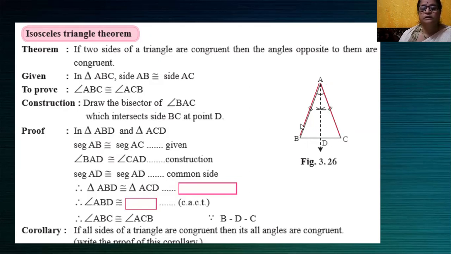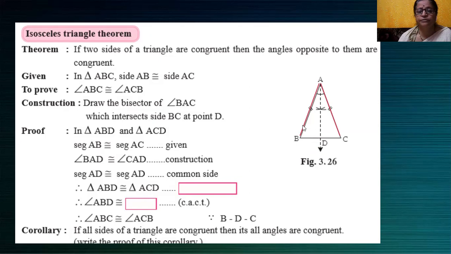So we have drawn the bisector of angle BAC, which intersects side BC at point D, so that two triangles are formed. These triangles are triangle ABD and another triangle, ACD.